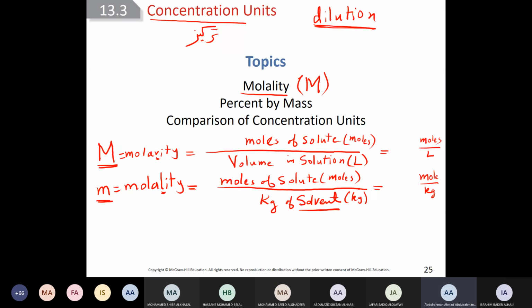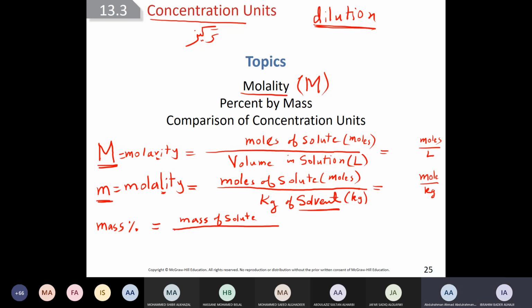Okay? Next, there is another thing which is called mass percent. You have to read it like this: mass percent. And this is the mass of solute divided by what?